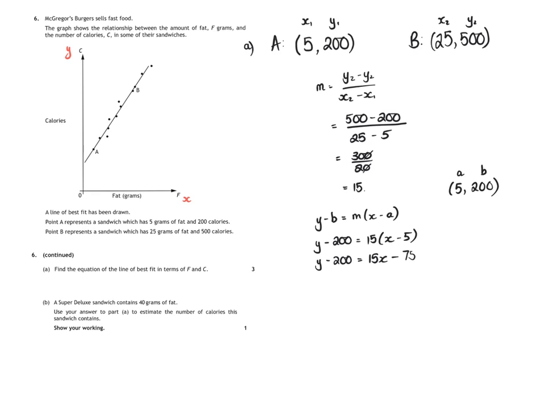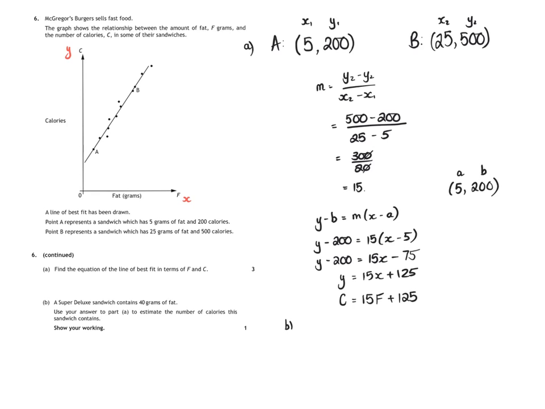So then we add 200 to both sides to get y is equal to 15x plus 125. But we're not quite done because we've been asked to give it in terms of f and c. So we know that our y is the same as the c, so that goes in there. And then our x is the f. So we put those in, and that's us.